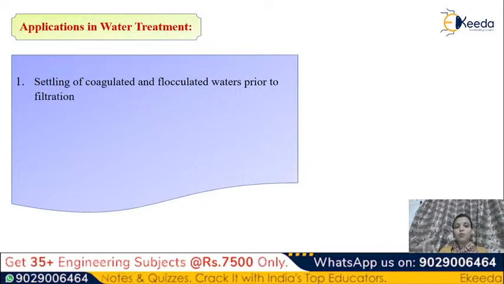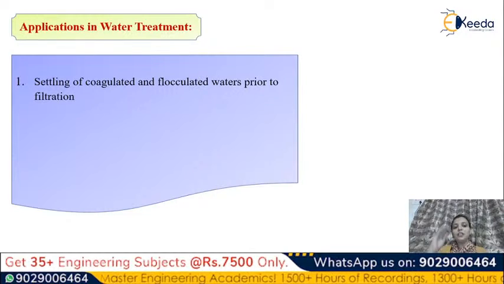As you all know, sedimentation is based on gravitational force, and that force works only when the weight of the particles is greater than the density of water, right? So ultimately in coagulation flocculation, the weight of the particle is increased because of the floc formation, and that heavy, bulky weight settles down in the secondary sedimentation tank by the force of gravity.